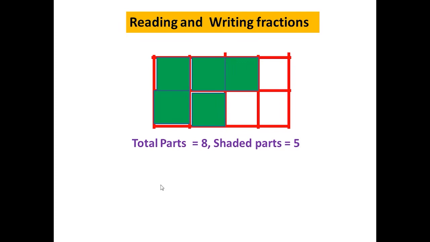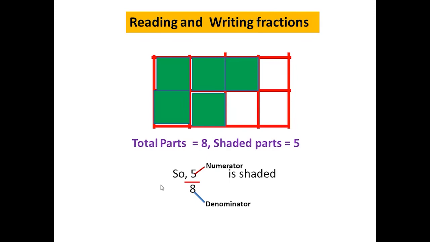In fraction, it is written as 5/8. Here, the number above the line is called the numerator. It indicates the number of equal parts considered. The number below the line is called the denominator and it indicates the total number of equal parts the whole is divided into.